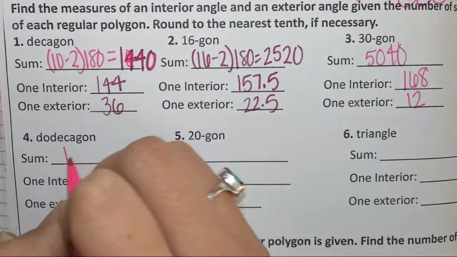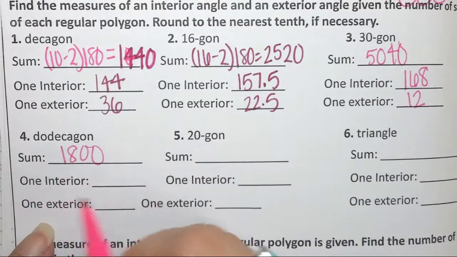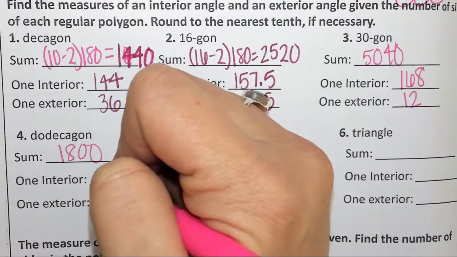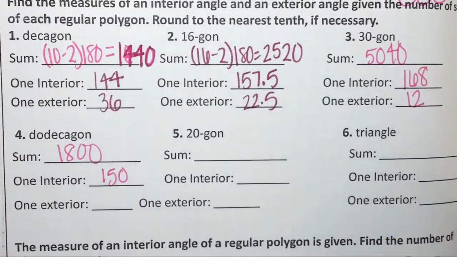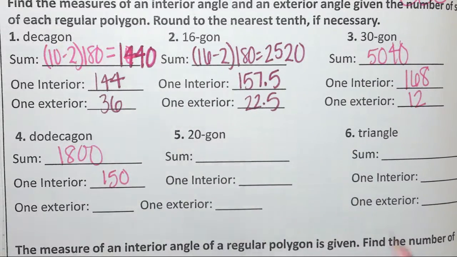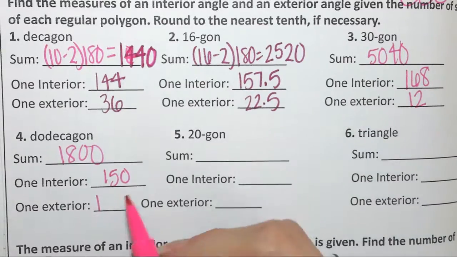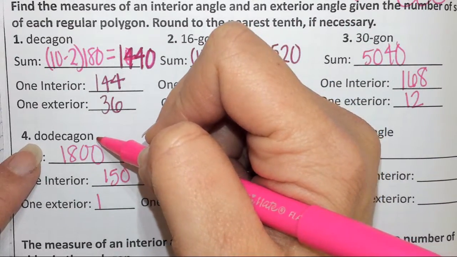1800. Alright, what do we get? 150? 130? Wait, guys. Alright, stop. This is 12, right?